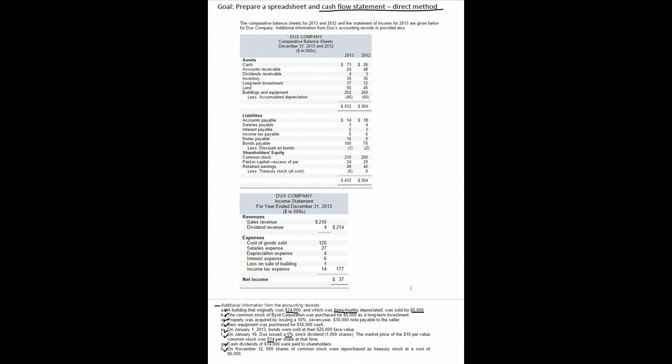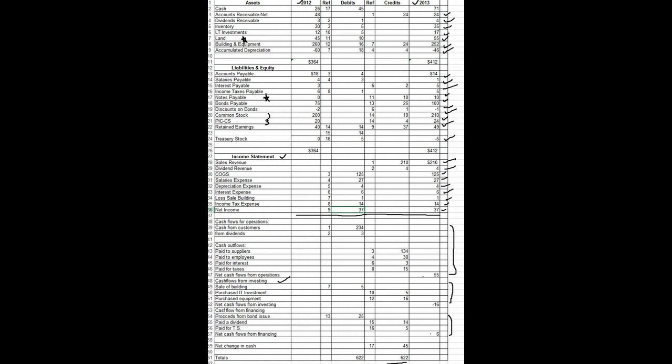Let's return to the worksheet for a moment. As we analyzed changes in all of our accounts, we captured the change in a journal entry that recorded the change in the balance of the related account and then its effect on cash. The effect on cash was placed in this section of the worksheet.